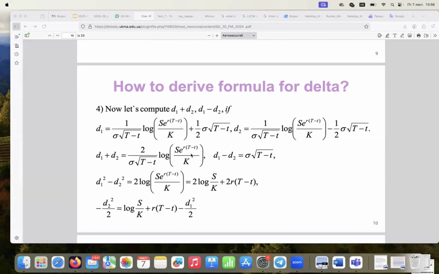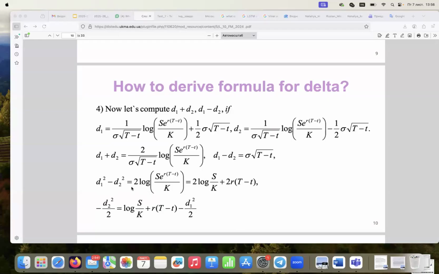And if we know this and this, we can find the difference of the squares. What is this formula, Olena? d1 square minus d2 square equals, from school, d1 minus d2 multiplied by d1 plus d2. We know the minus and plus, we substitute, and we have this formula.